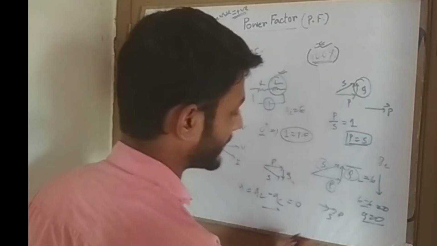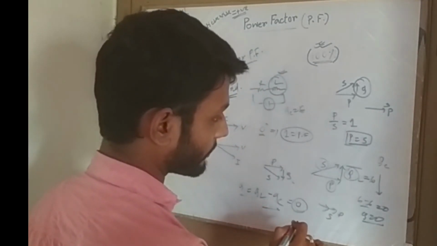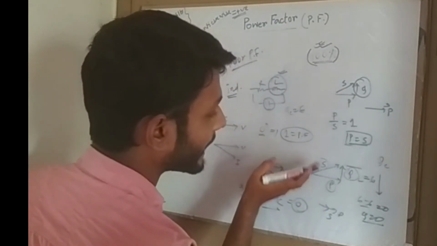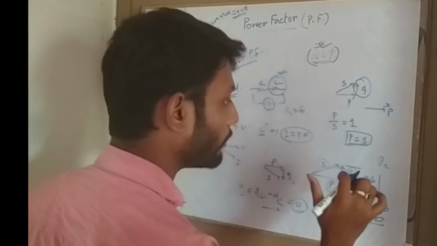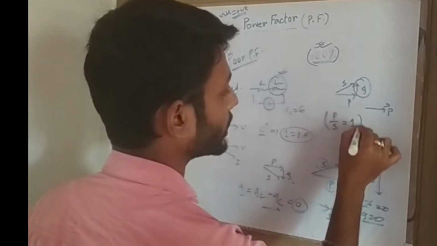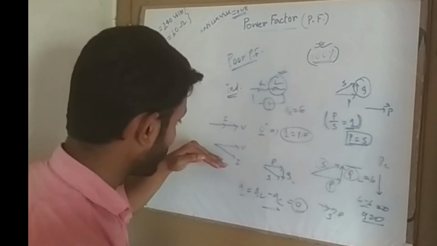So the overall Q, that is resultant Q, becomes 0 or near about 0. So the P and S value will be equal. When the P and S value will be equal, then we will get the power factor as 1.